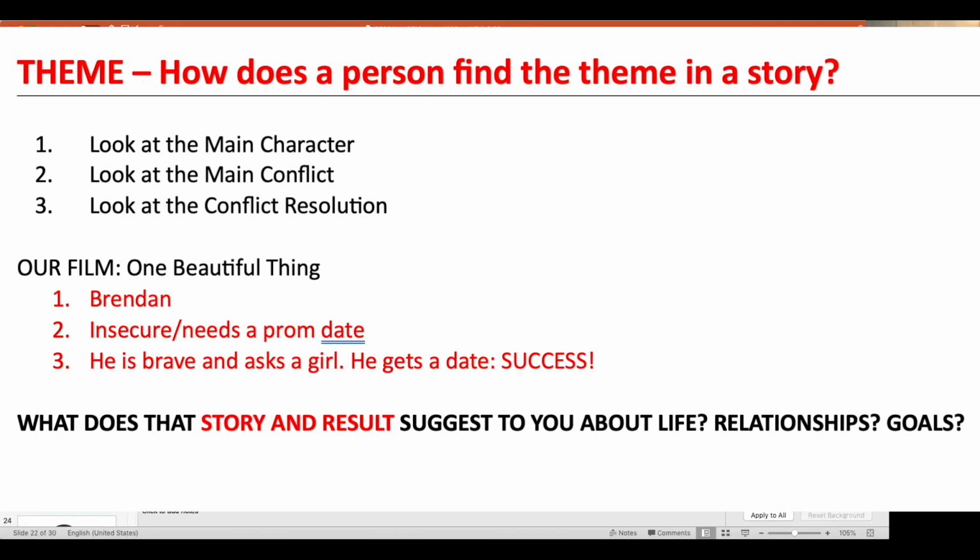I mentioned this, and that's why I asked you, because now I want you to remember three things: the protagonist, the conflict, and the resolution. The main character, Brandon; the main conflict, he's isolated and he wants to get to know someone else personally; and the conflict resolution is he does it. And that's where we get the positive turn from.